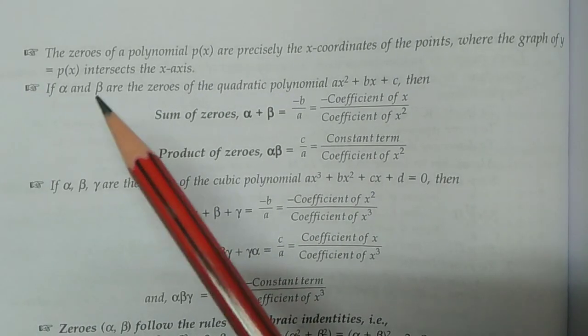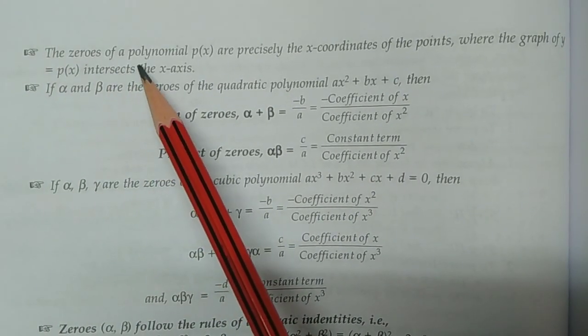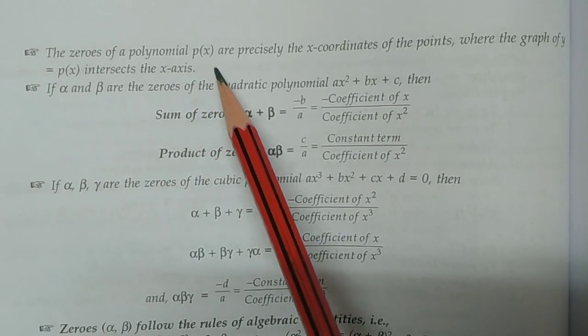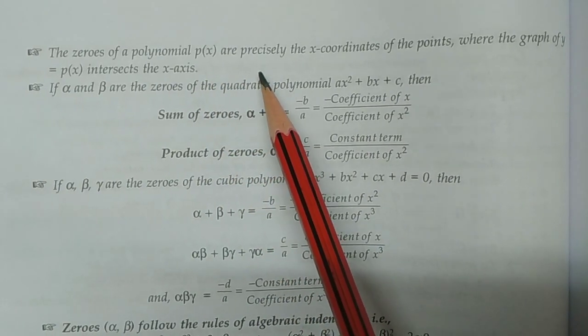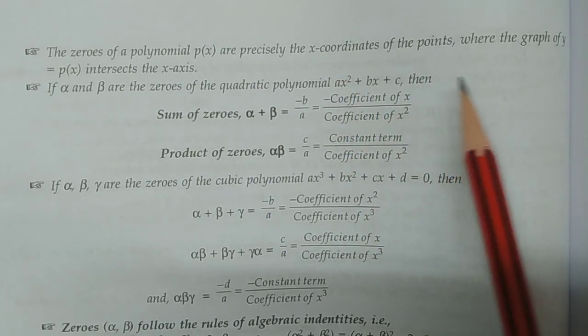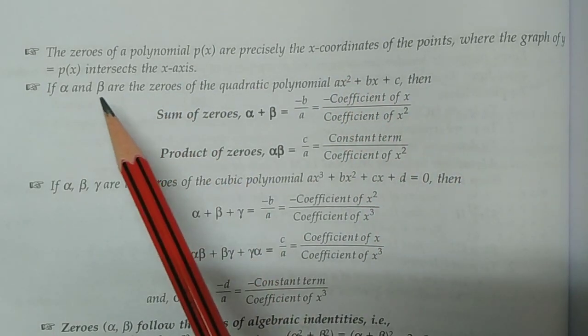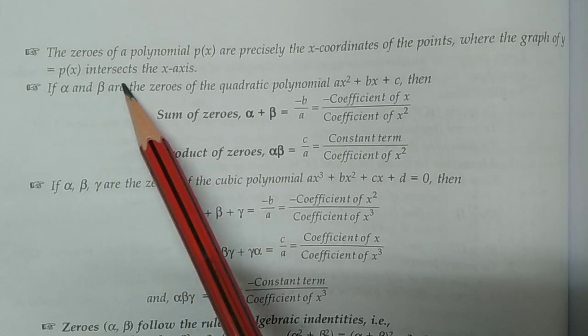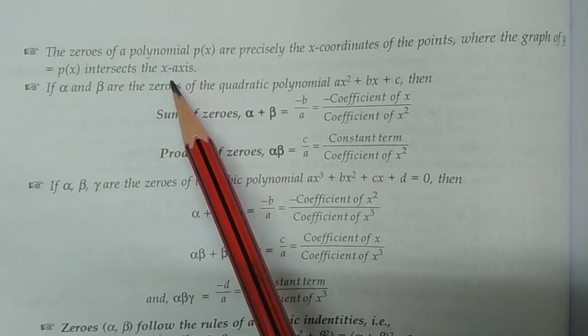Next, the zeros of a polynomial p(x) are precisely the x coordinates of the points where the graph of y equal to p(x) intersects the x axis.